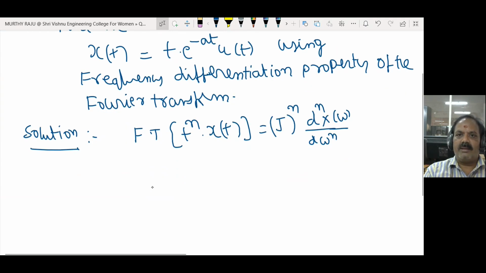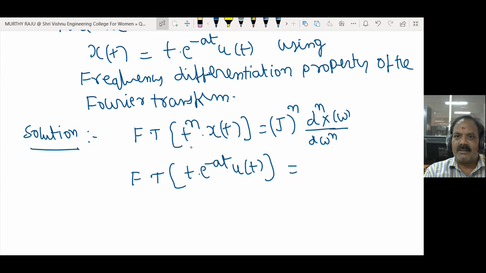This is the formula. That is the Fourier transform of t into e power minus at u of t. Here t power n, here n is equal to 1.